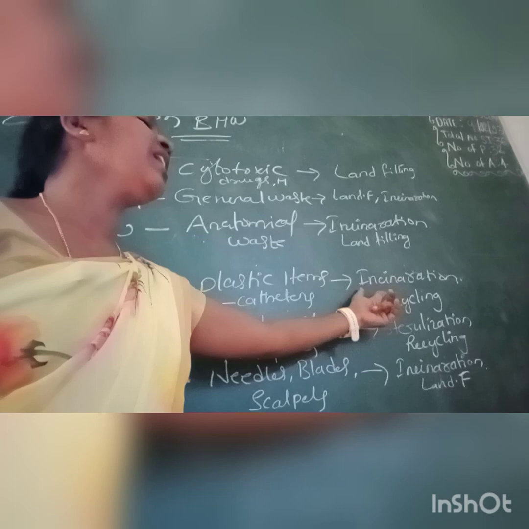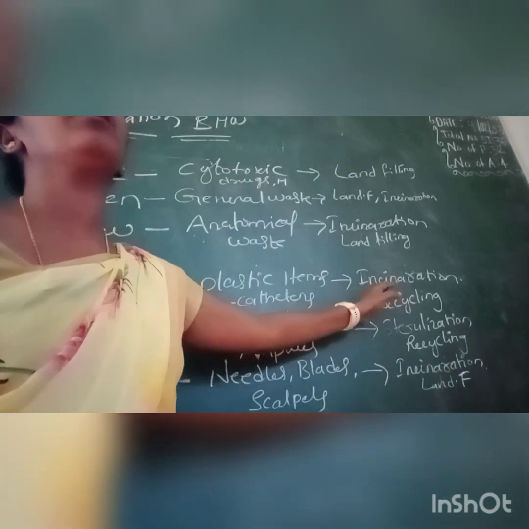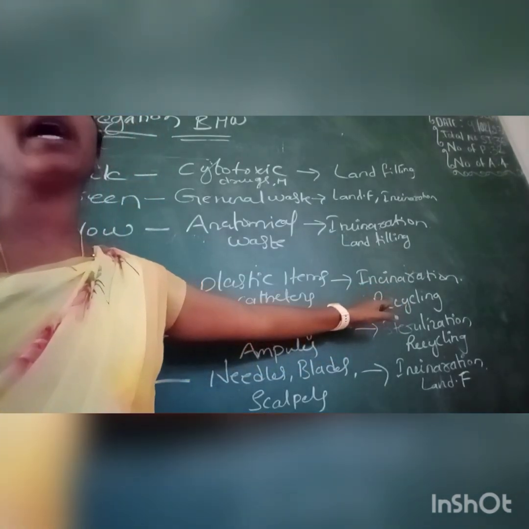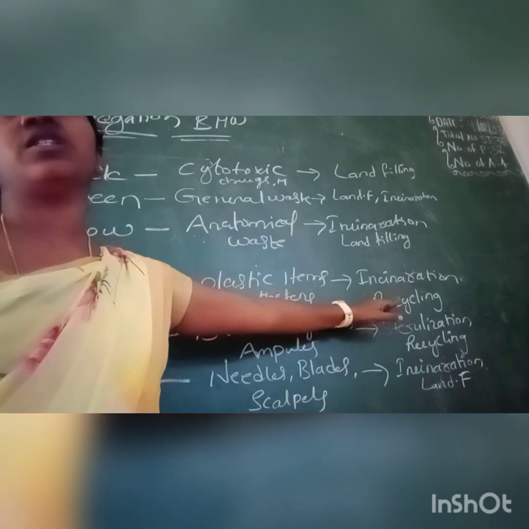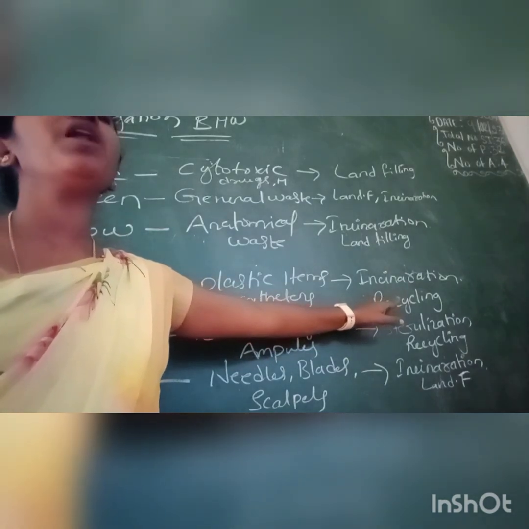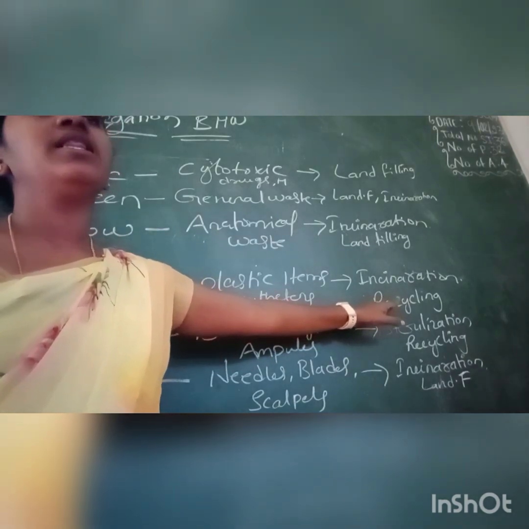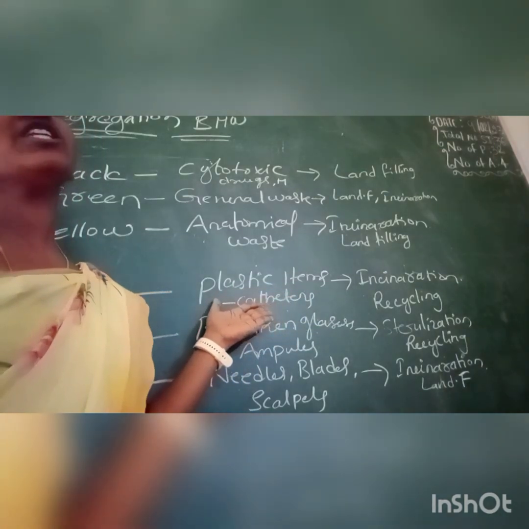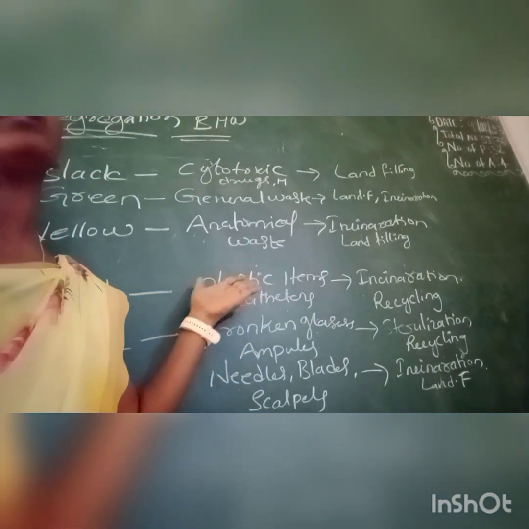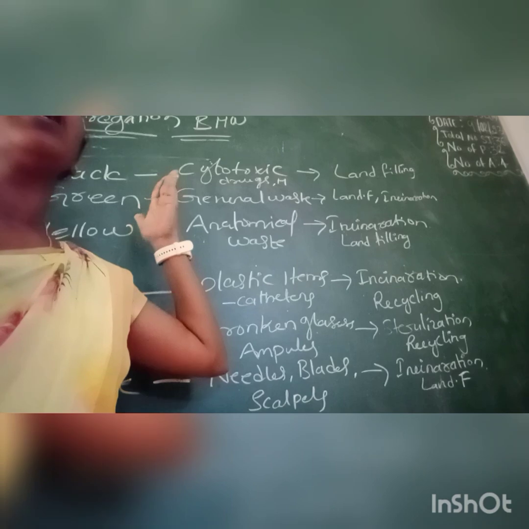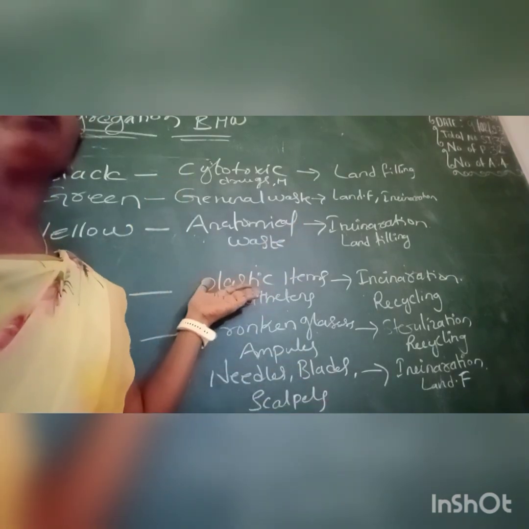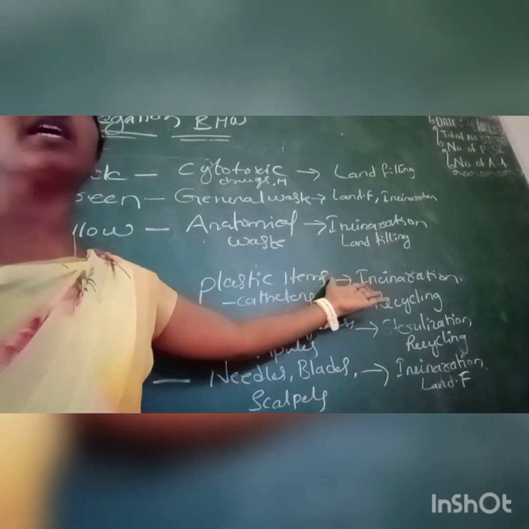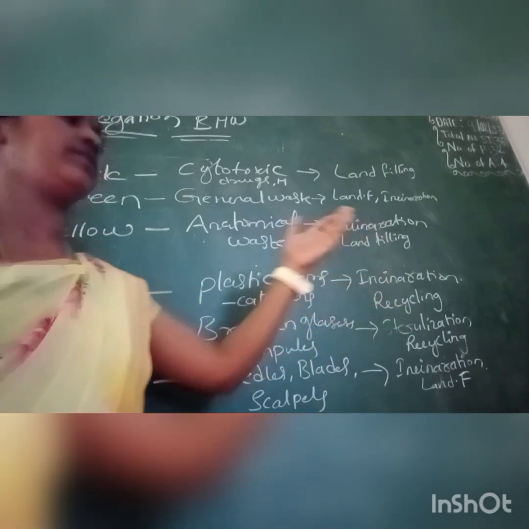They either incinerate or recycle. They reprocess the plastic items. Because if we fill in the land dumping, the degeneration of these plastic items takes years together and causes the greenhouse effect. To avoid that, either they incinerate it or recycle it.